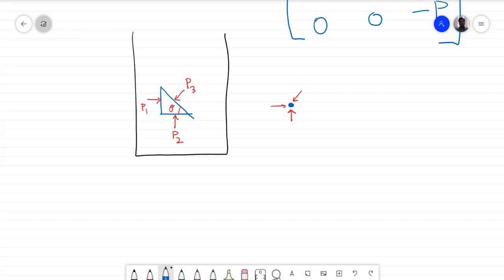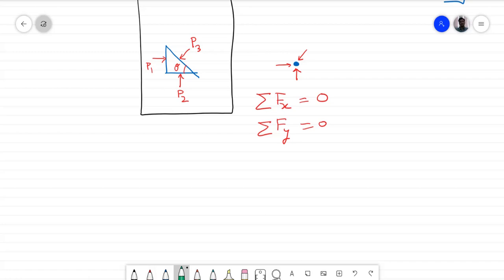And let us write a force balance. Because this is in equilibrium inside a static fluid, we can write equations of equilibrium: summation of forces in the x direction will be 0, in the y direction will be 0, and z also will be 0. Let us take a 2D element for now. Let us assume that the area of the left face of this triangle is A1, the area of the bottom face is A2, and the area of that slant face is A3.